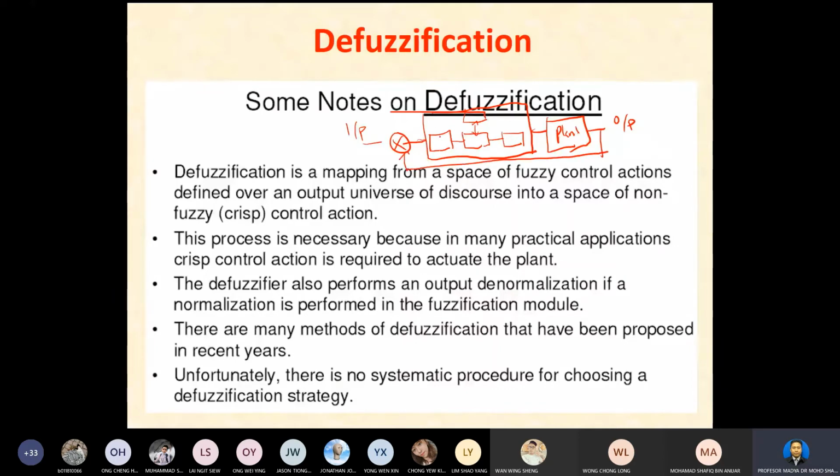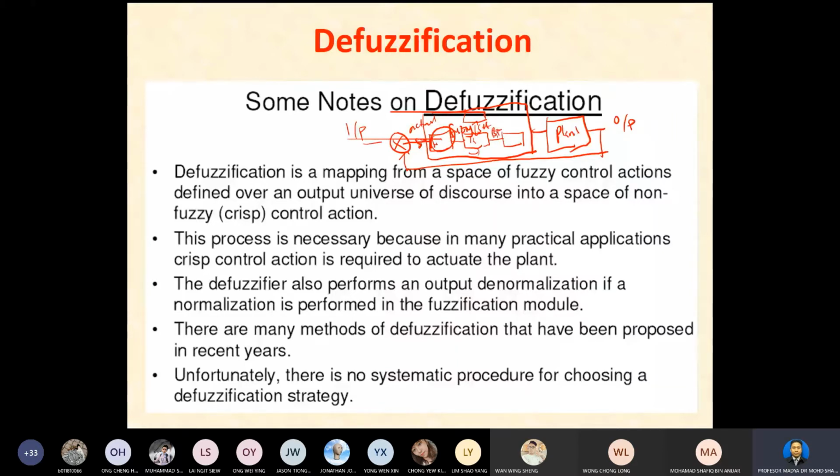So here you can see the function first. This is the actual value, so we go for the fuzzification. In the fuzzification, we have to change to a fuzzy set. We convert from the actual value to a fuzzy set or fuzzy value. Then we go for the inference engine. As I mentioned, in the inference engine we have the Mamdani or Sugeno, to get the output, which we call the B total.